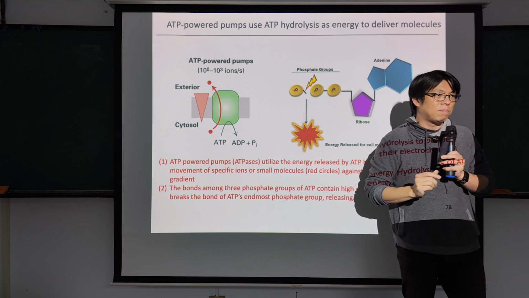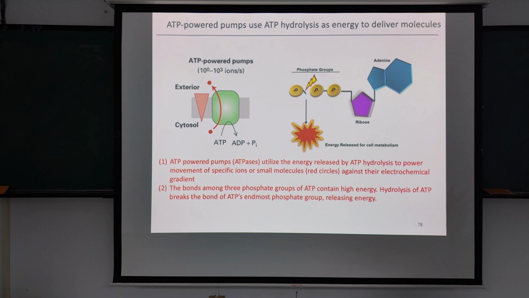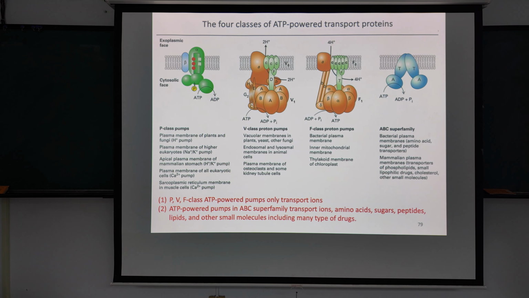That's the strategy the cell uses to utilize that energy. Those energies can change the conformation and help the ATP-powered pump transport molecules. ATP-powered pumps have multiple classes: the P class pump, V class pump, F class proton pump, and the ABC superfamily.